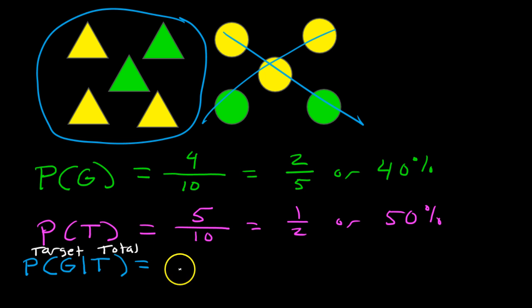Okay, so target over total. So it's the number of green shapes, of which there are 2, out of a total of 5 shapes. Okay, because we're just dealing with the triangles, because we already know it's a triangle. So given that it's a triangle, the probability of picking a green one is 2 out of 5, which is 40%.